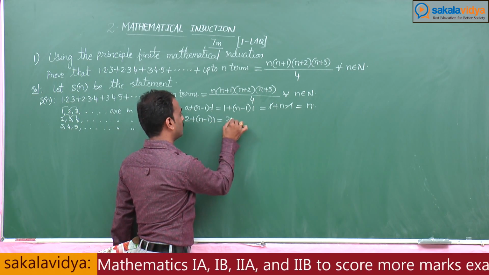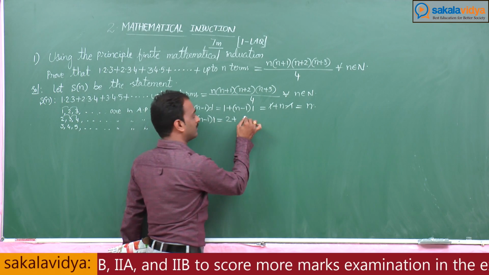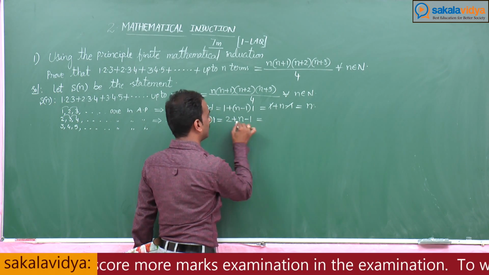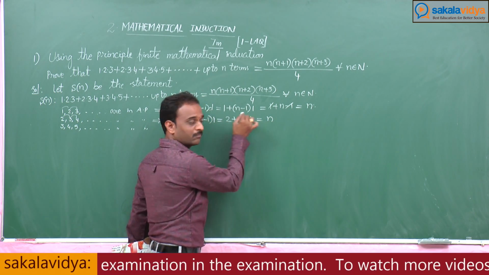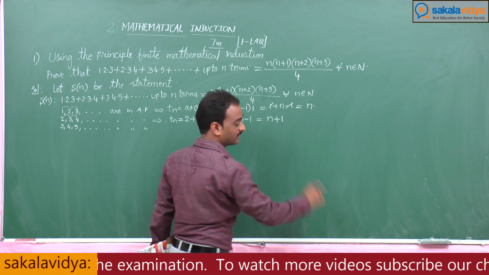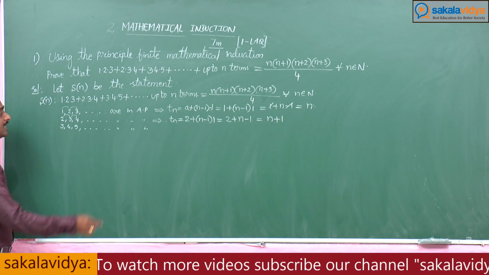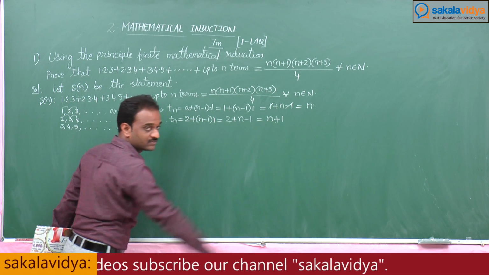So 2 plus (n minus 1) into 1, which is n plus 2 minus 1, so n plus 1. So in the second series, the nth term is n plus 1.